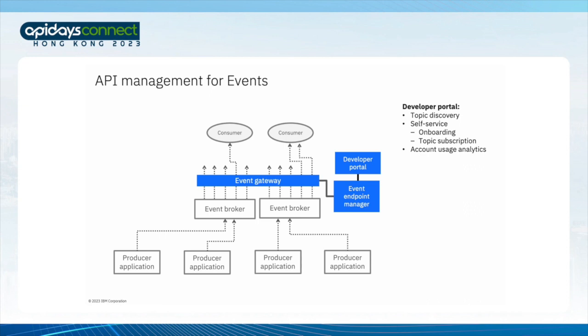They might also want some kind of analytics, maybe about the topic itself, like seeing how frequently messages are being published to that topic, or maybe about the consuming applications that they're running, such as monitoring if their application is keeping up with the rate of events being published to the topic.